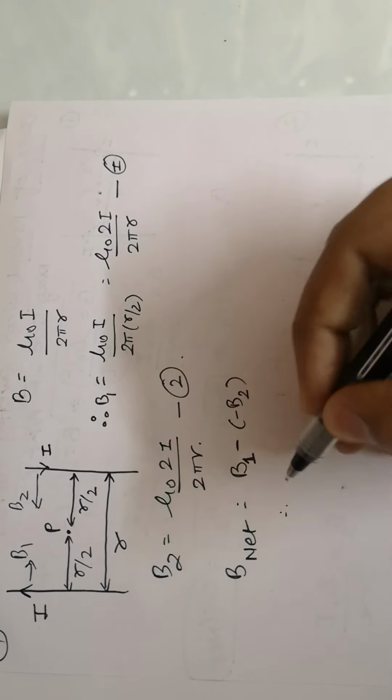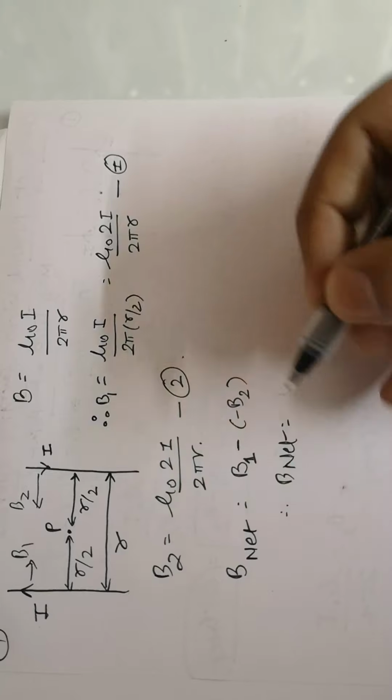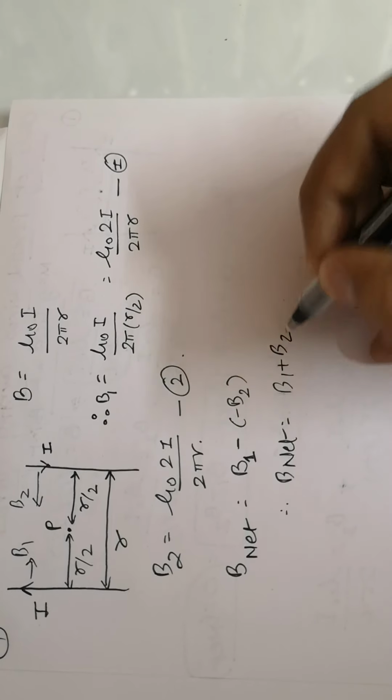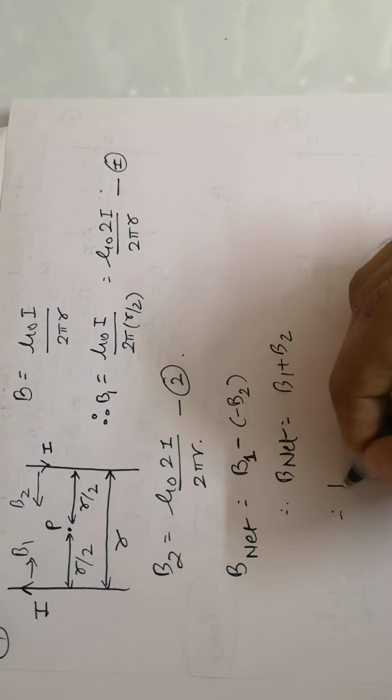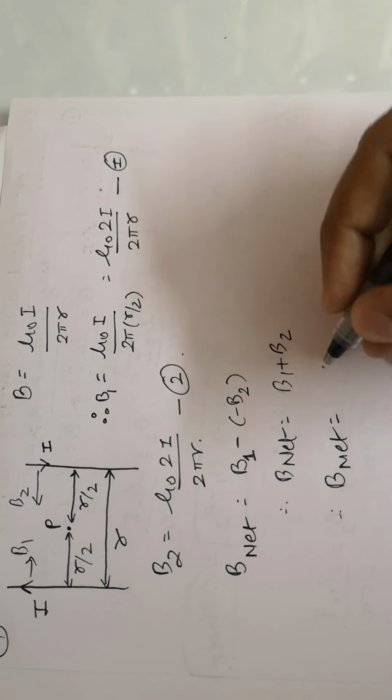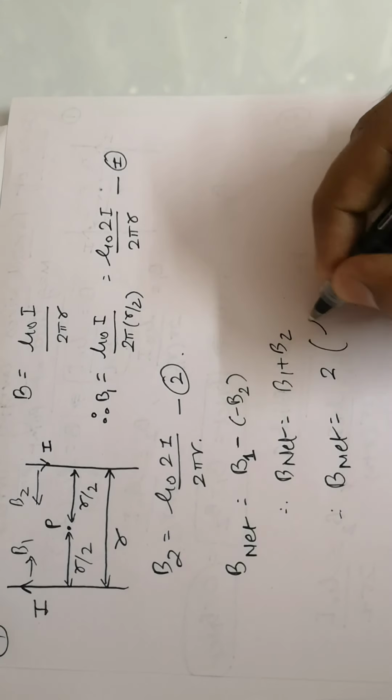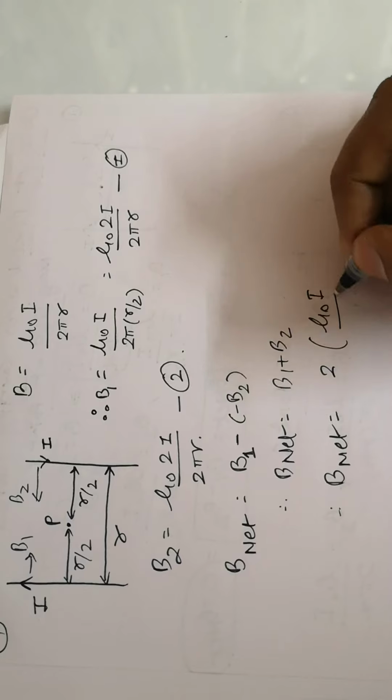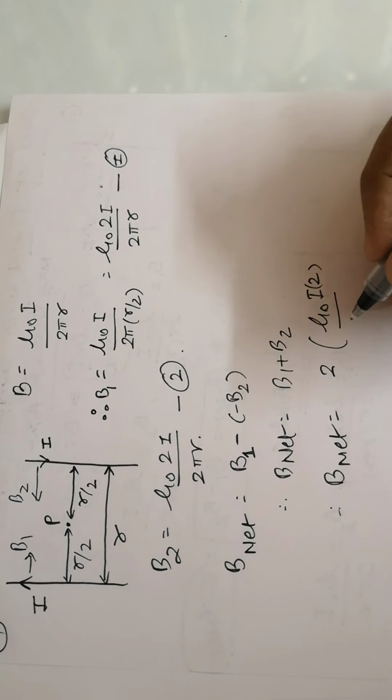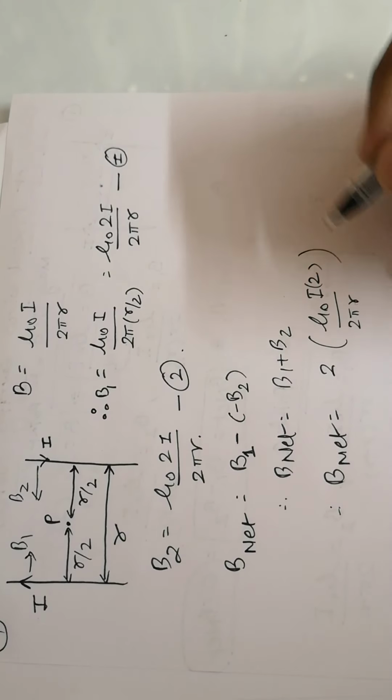So my equation will now become B of net is the summation of both the magnetic fields. B of net will be twice mu 0 into 2I divided by 2 pi r.